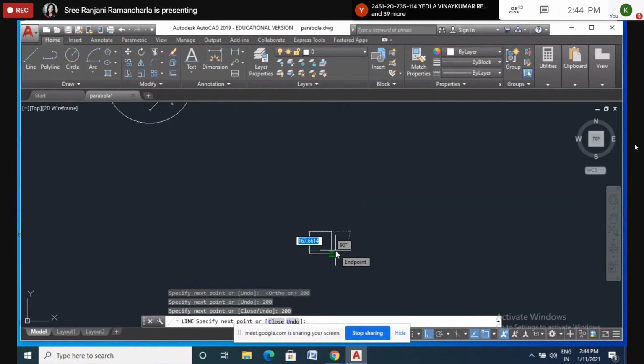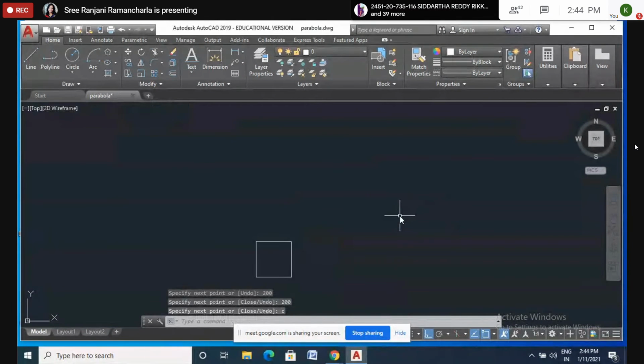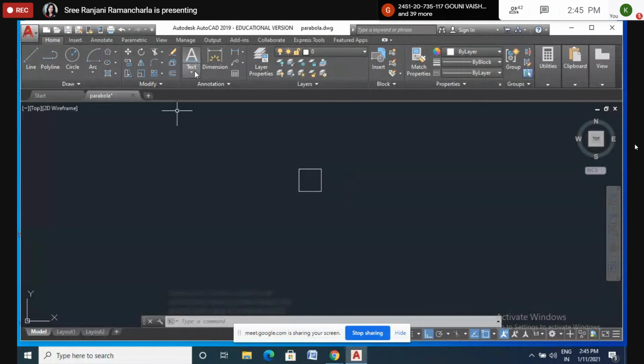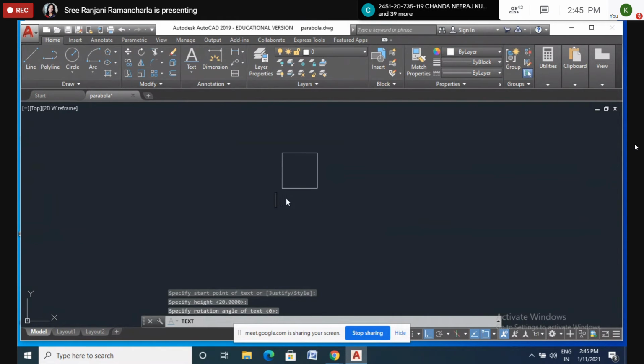Then close. So it closes, right? So this is a square. Now I will name it ABCD, as usual, A, B, C, D.